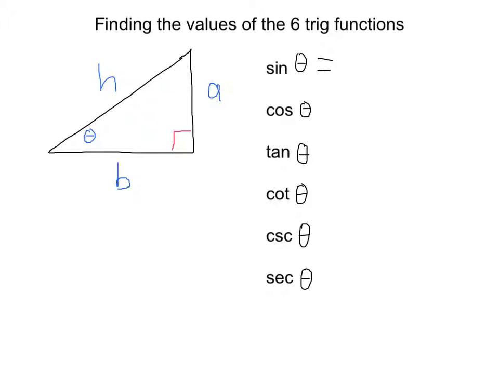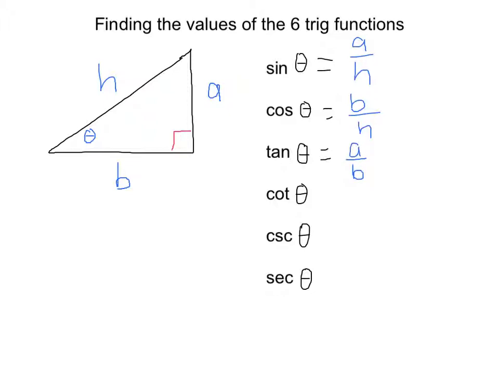So here we would have a over h. Cosine of theta is the length of the adjacent side of theta over the hypotenuse. Tangent of theta is the opposite side over the adjacent side. So here we would have a over b.